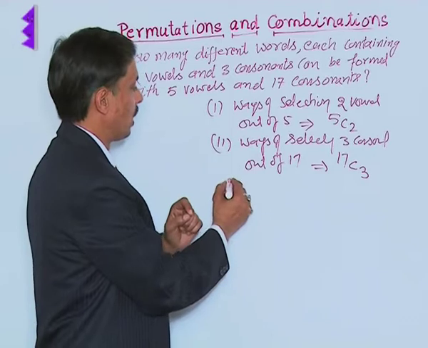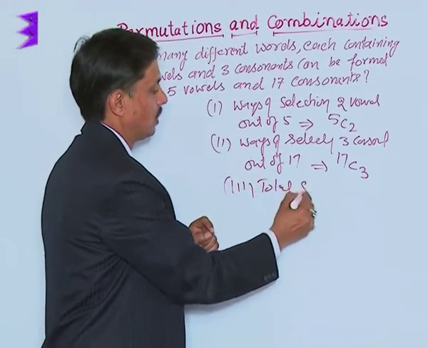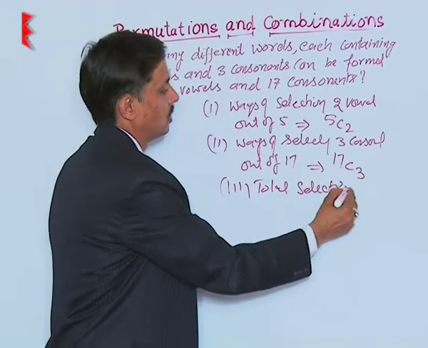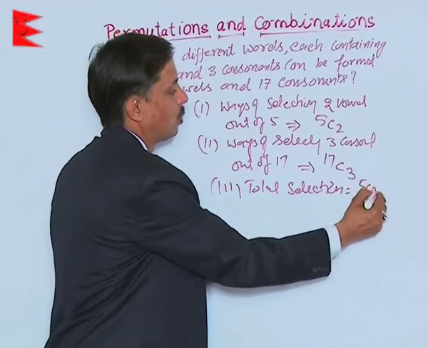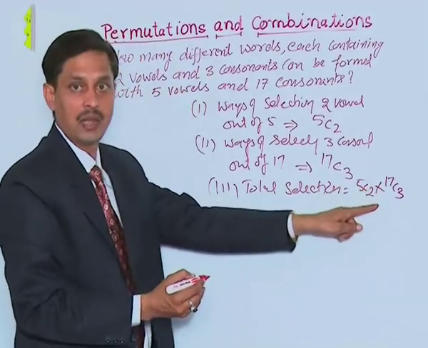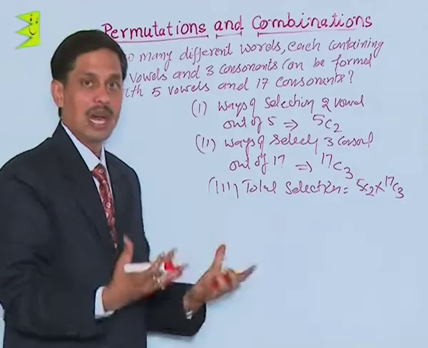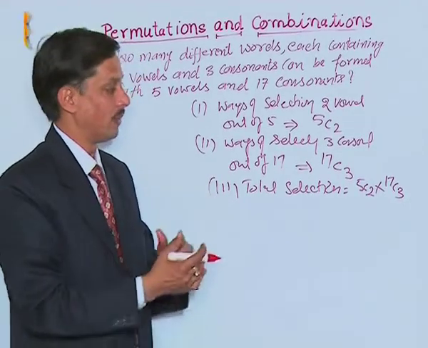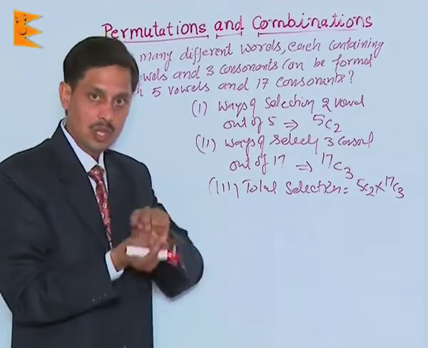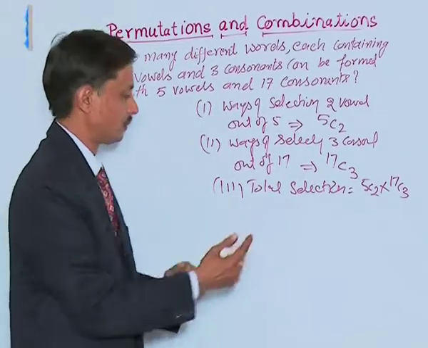So the total number of selections is 5C2 multiplied by 17C3, because it is AND. We have selected 2 vowels and 3 consonants. But after selection of these 5 letters, these 5 letters can be arranged in factorial 5 ways.